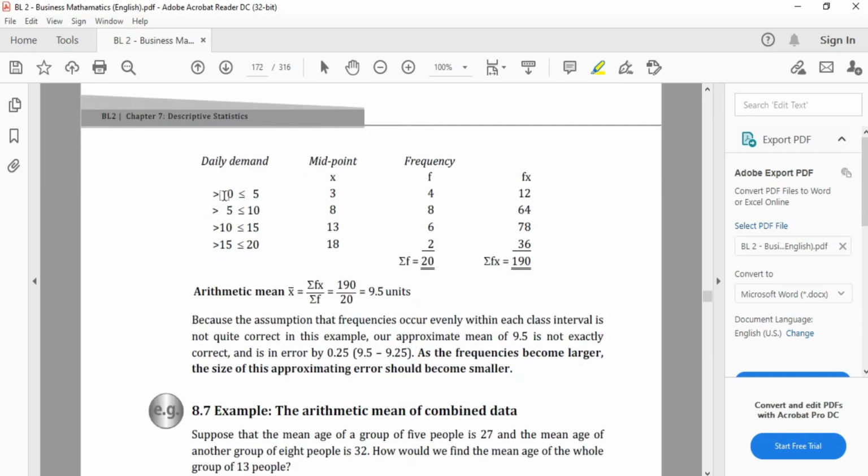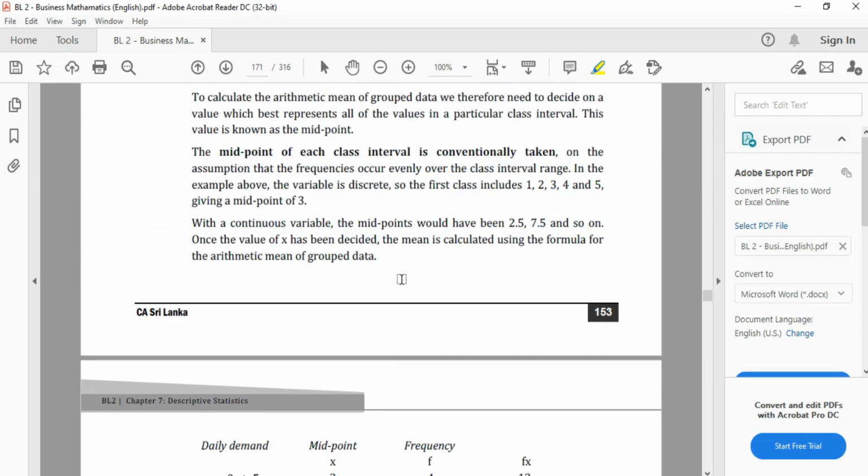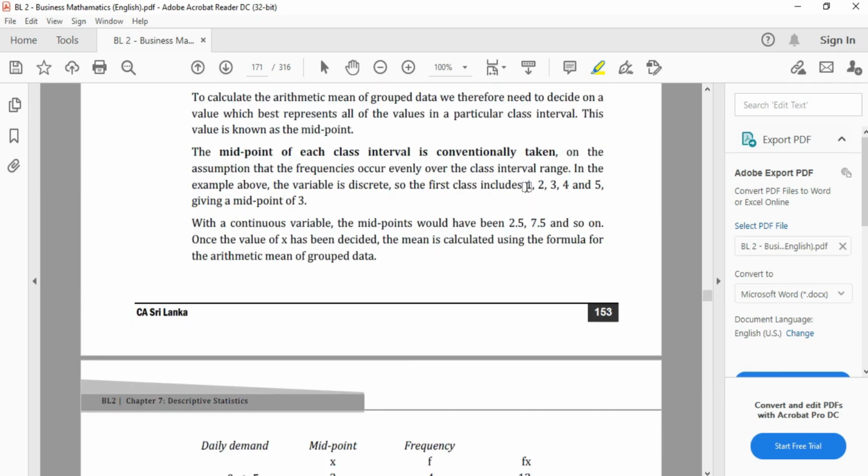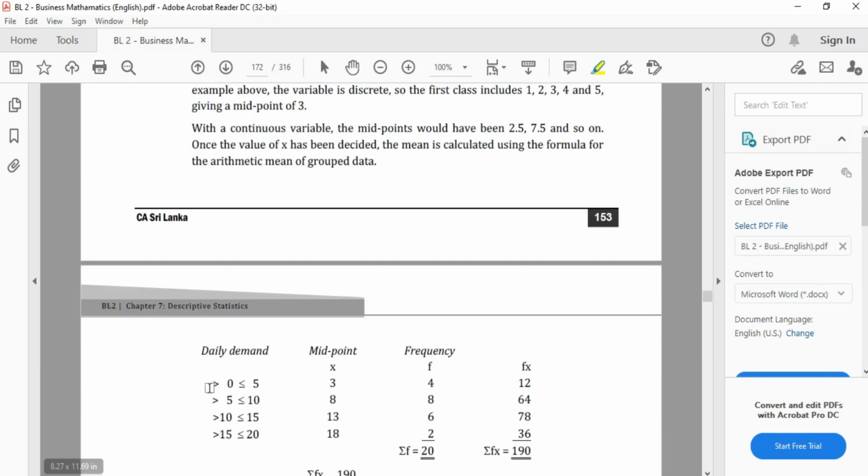So, how you know the middle point. Now the first class if you take, it is only greater than 0 and less than or equal to 5.